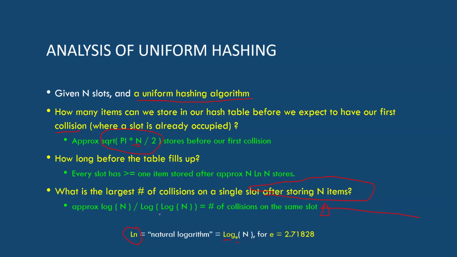We'll see a few more notations in our performance calculations that use the natural logarithm. Instead of saying log base 2 or log base 10, it's log base e. I'll leave you with that.